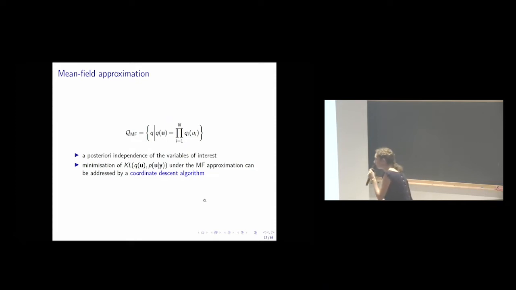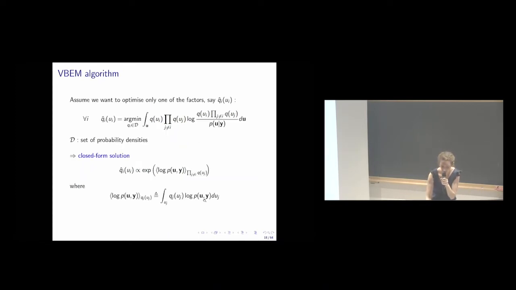is quite interesting for us because it will ensure that we will in fact minimize the Kullback-Leibler divergence. To give you some insights about this procedure, assume we want to optimize only one of the factors, say this one, i.